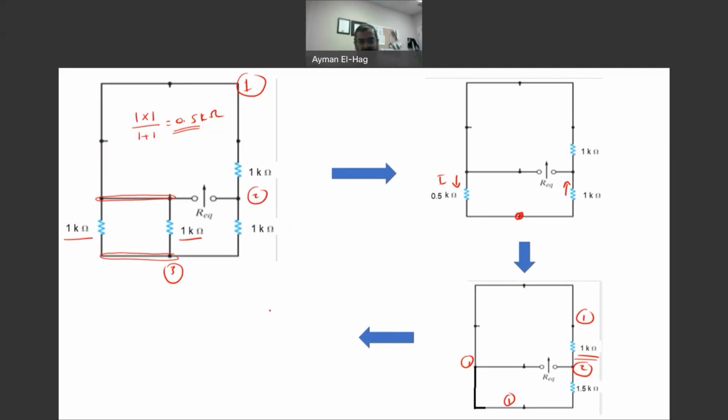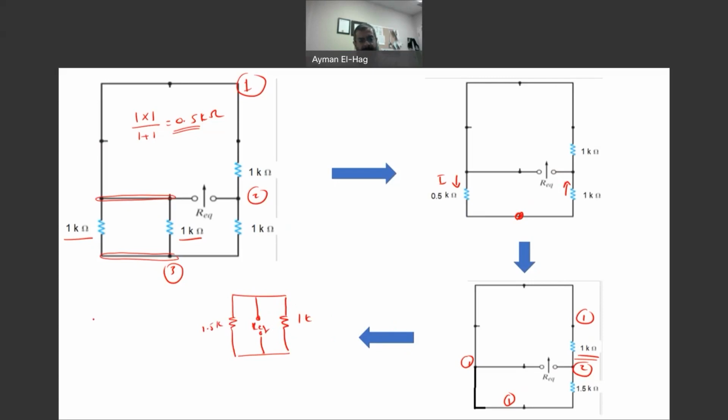As if you have the 1 kilo ohm here and the other 1.5 kilo ohm there, and then you are looking between these 2 points. These two diagrams are exactly the same. So we want to find the equivalent resistance between these 2 points.